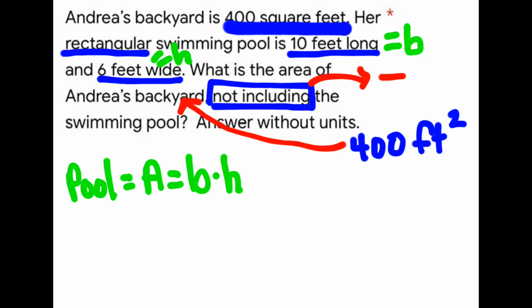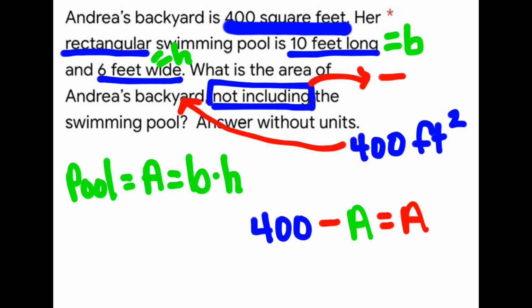So we are going to take her total backyard, which they gave us is 400, and we need to subtract the area of the swimming pool. This will give us the area minus the swimming pool. And we need to answer without units. So you're only going to give me the number you get right here.